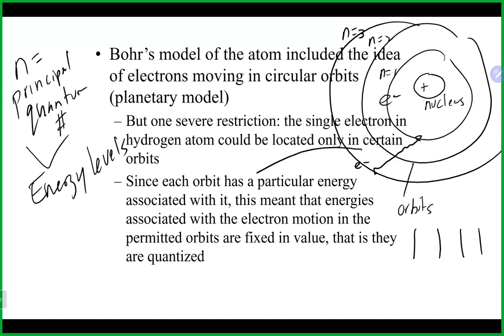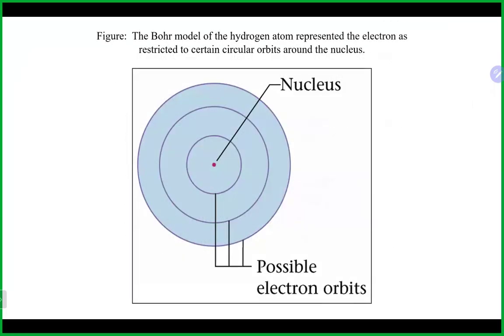The atom itself would give that off in the form of light. And that may correspond to one of those lines that we see. Again, the different transitions of electrons from different energy levels. And this is the idea, again: nucleus, and we have our energy levels, n equals 1, n equals 2, and so forth.